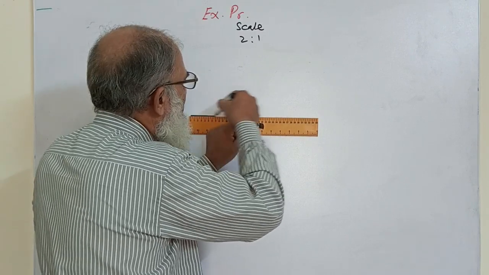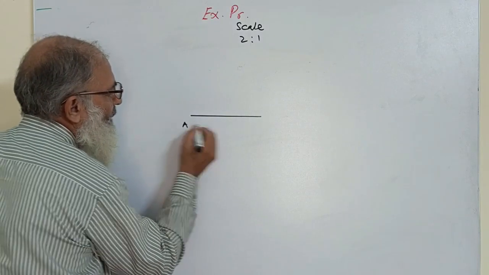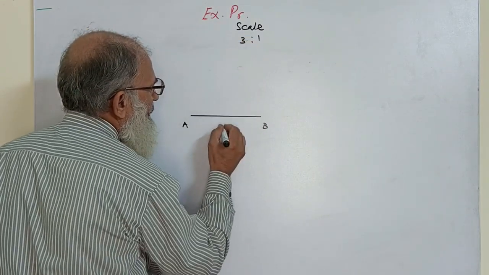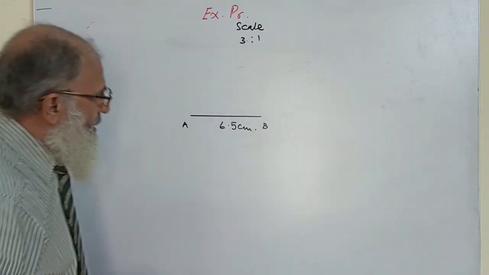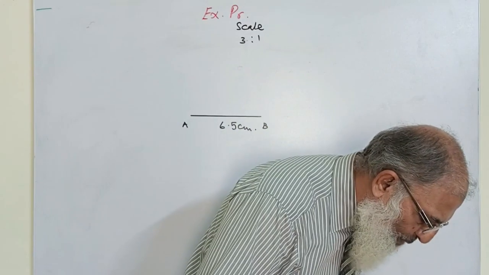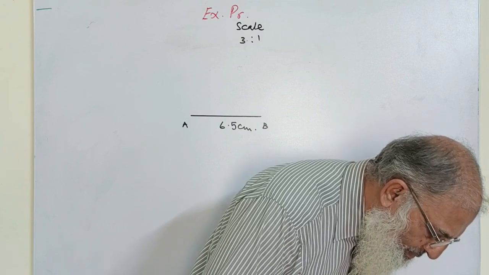Let me do it this way. Now this is line AB. It is 6.5 centimeters. Okay. Now what is it saying? At point P, measure and draw angle BAC.